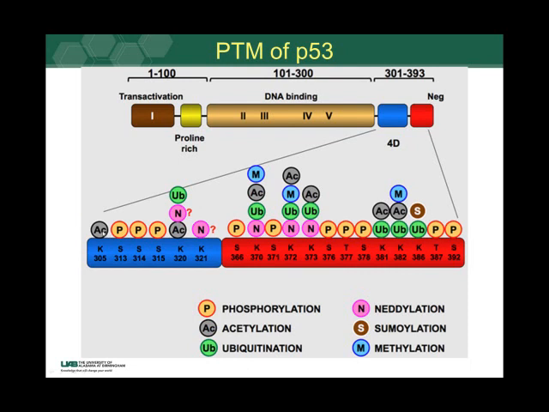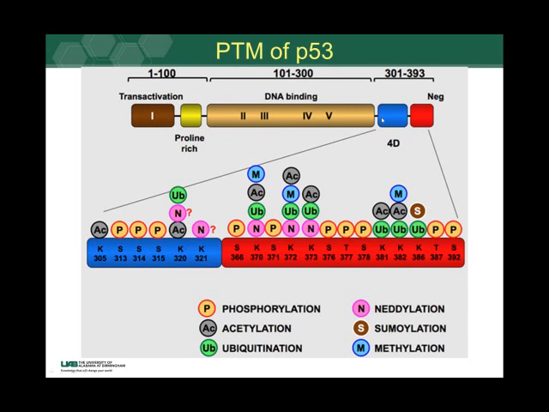You can see that this is the P53 protein that has a number of areas here: transactivation domains, right here, from amino acid 1 to 100. There's a DNA binding domain from 101 to 300, and then there's a regulatory domain.